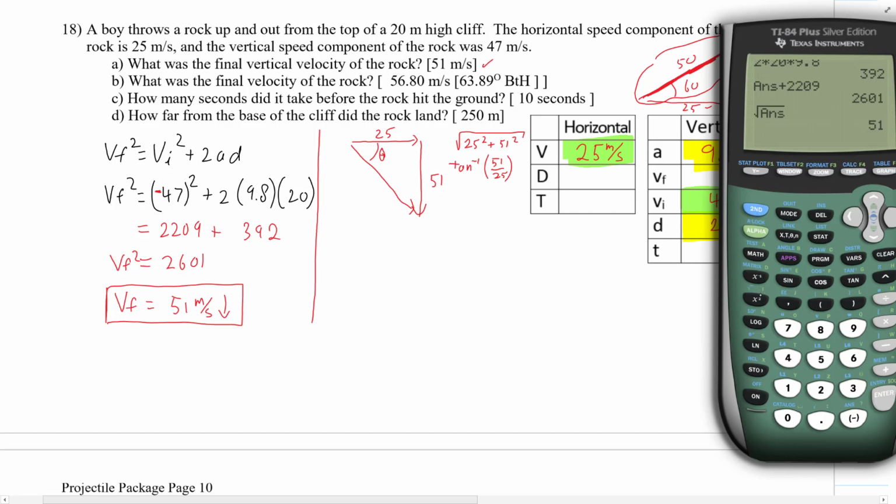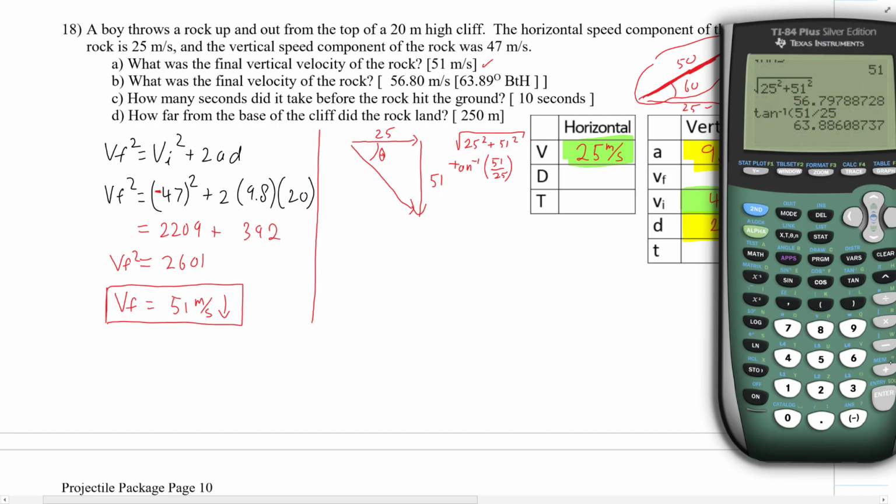The square root of 25 squared plus 51 squared, and the inverse tan of 51 divided by 25. There we go.